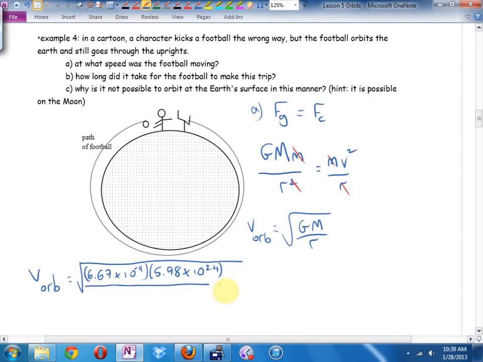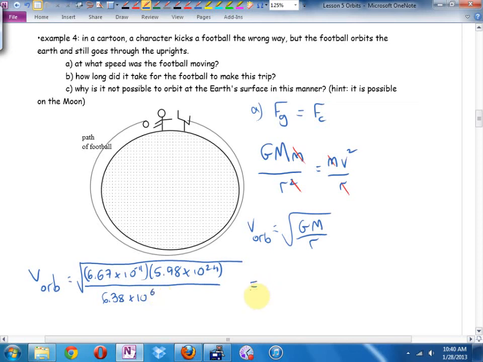Divided by, now technically, I should write the radius of the Earth plus Mount Everest plus 100 meters. But the radius of the Earth is so big compared to Mount Everest and 100 meters, I'm going to ignore that, because they don't start showing up until the 6th or 7th sig fig. Who cares? So we're just going to use 6.38 times 10 to the 6th. Squared? Oh, no, one of the r's canceled, no longer squared.